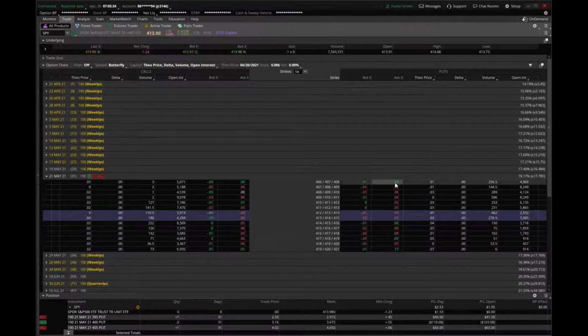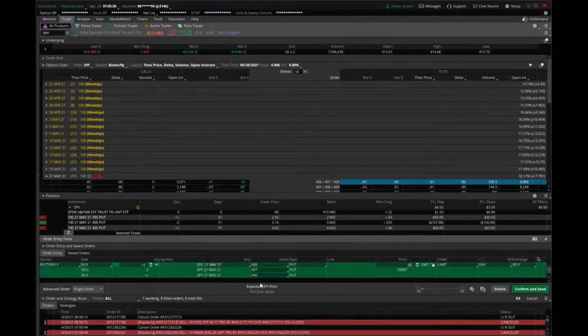And I'll just sit here and I'll buy the puts, right? And what I did is I went 395, 400, 405. Okay, I paid 20 cents for that yesterday. Right now we're about 24 cents. Okay, that's the trade that I had in.